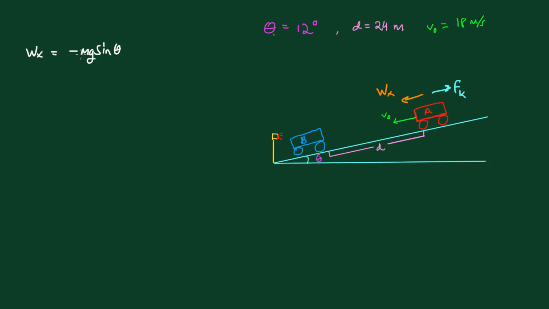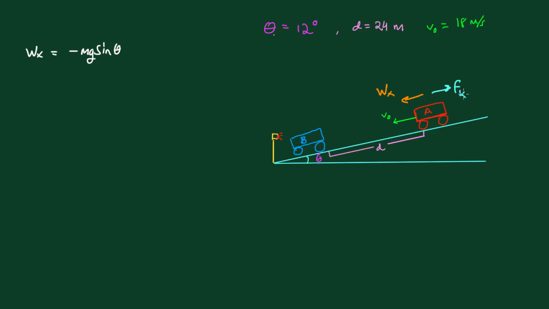I simply put minus attached to this expression because I'm considering the leftwards direction to be the negative direction and the rightwards direction this way to be the positive direction. Okay, so Wx equals minus mg sine theta.